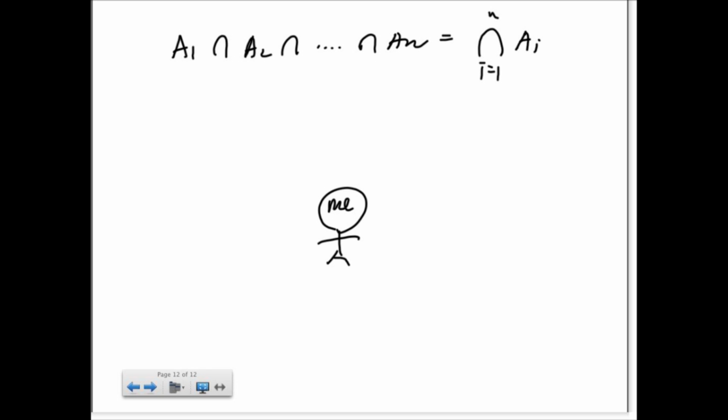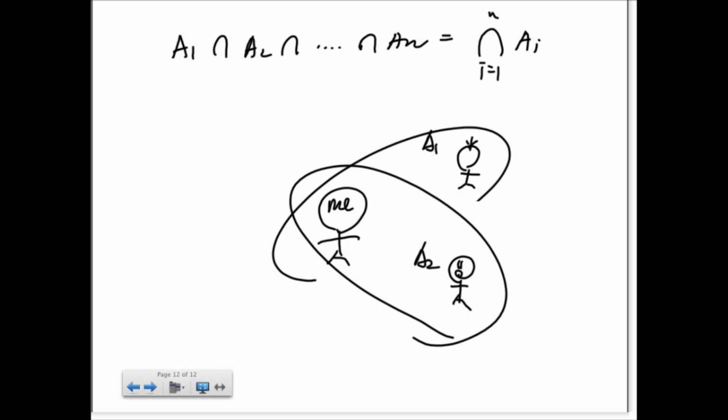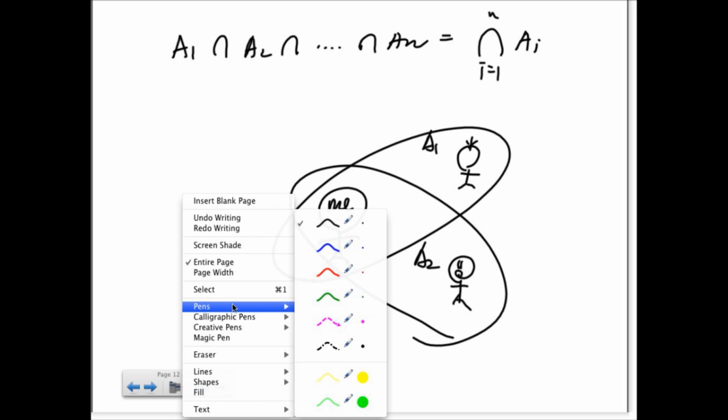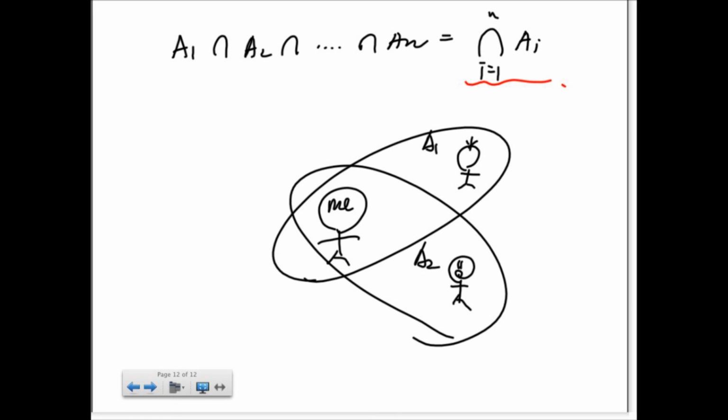This is me and my spiky-haired friends and friends with mouths open. They all know me, but they don't know each other. So this intersection will represent just me.